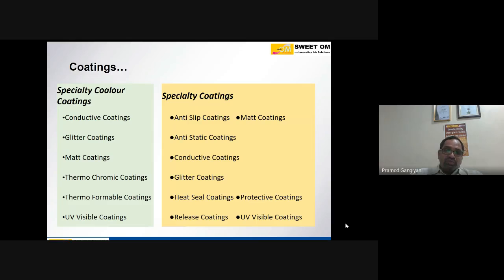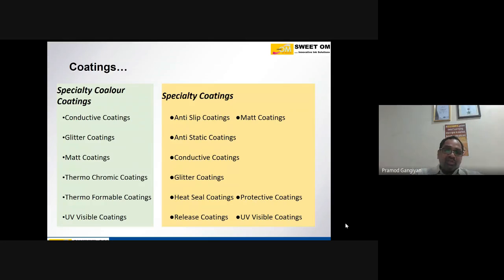So thermochromic inks or coatings are basically in two different segments. One we call reversible coatings and another is non-reversible coatings. Reversible coatings are when you apply any temperature, it changes its color, but once you withdraw the temperature, it comes back to its original position. So those are reversible thermochromic coatings.